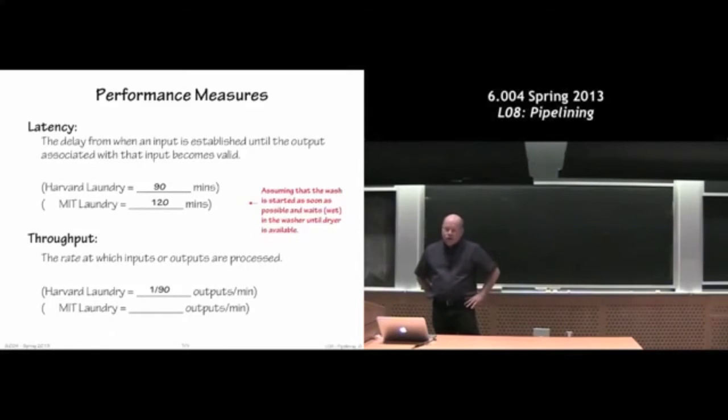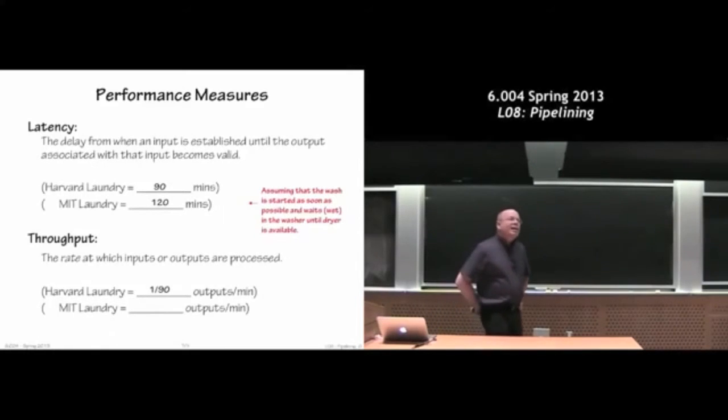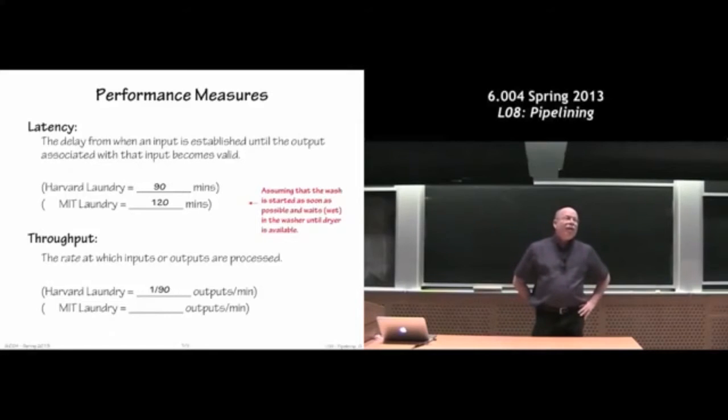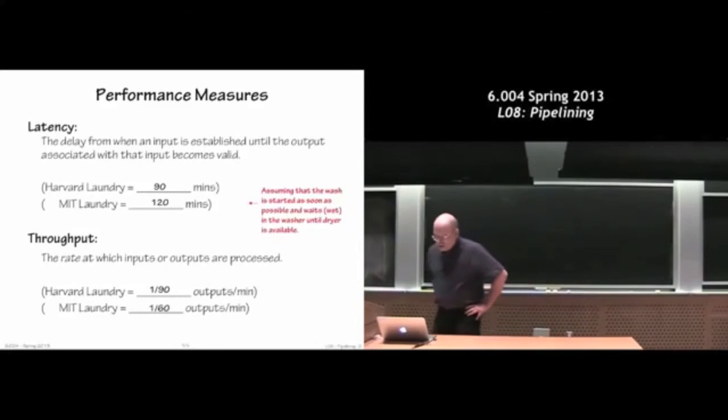In the Harvard laundry, they get one clean and dry output every 90 minutes. So their throughput is 1 over 90, one load every 90 minutes. The MIT laundry, however, produces a new dryer load every 60 minutes.